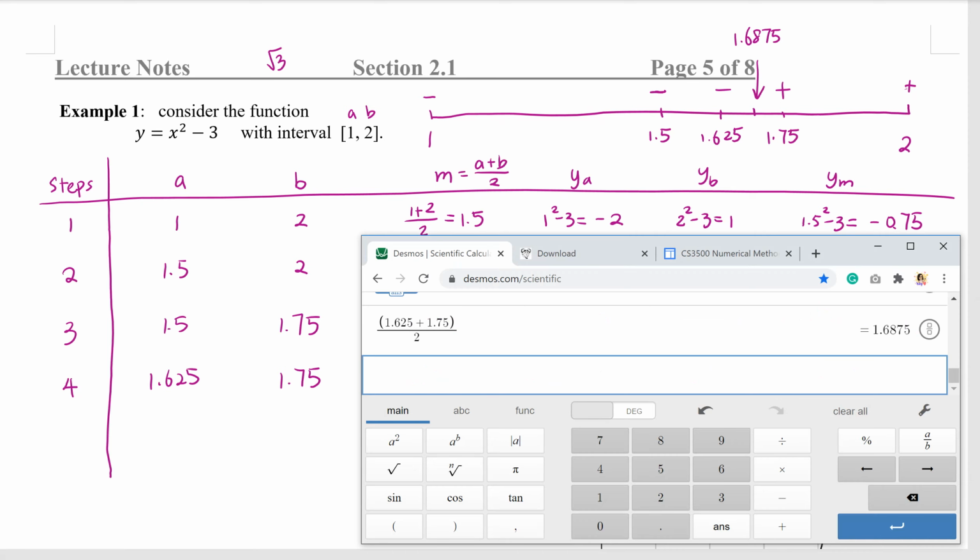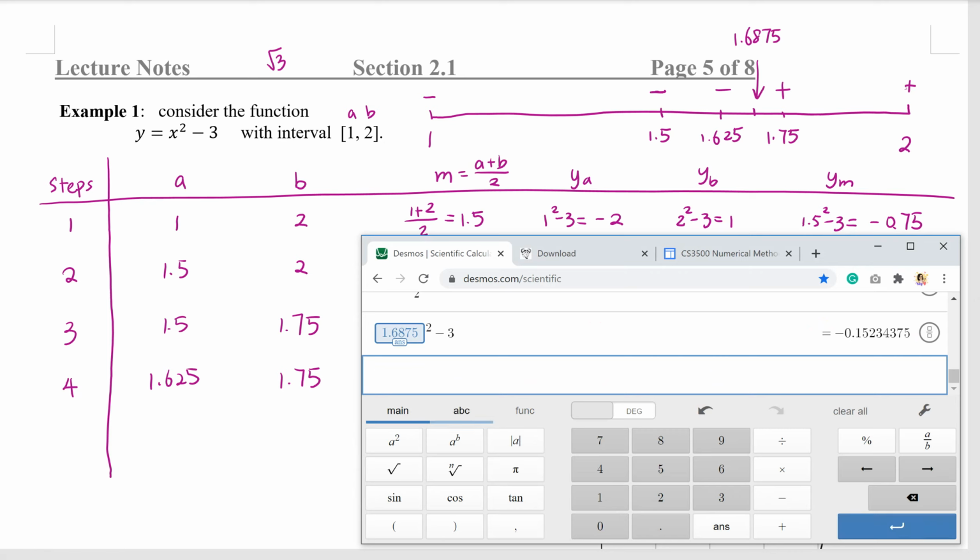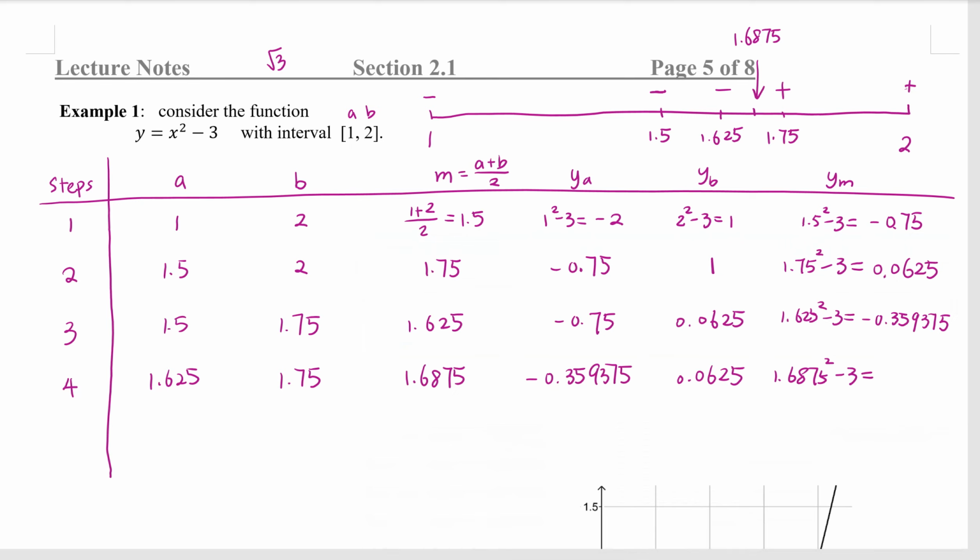We already have that answer, so we take the answer squared minus 3. Negative 0.15234375. So far, so good, everybody?